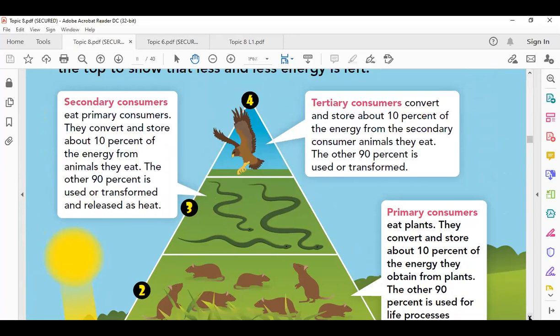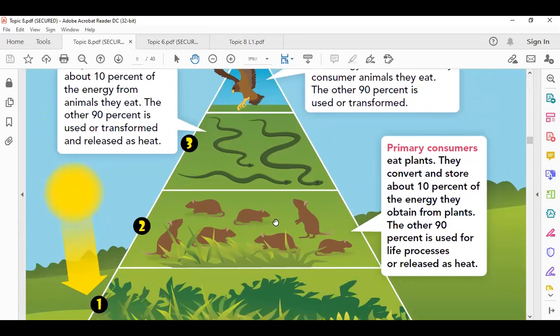Look, to understand this, when the snakes eat rats, they only get 10% of the total energy that is stored in the rat. Why? Because the rat already used energy in its body for other activities. So they just get 10% of the energy.